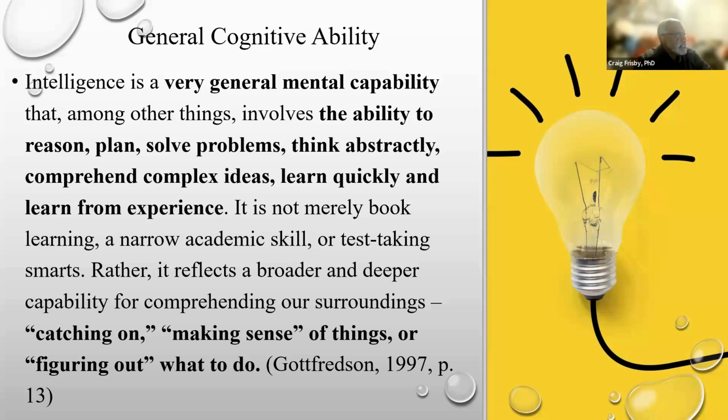She defines intelligence as a very general mental capability that, among other things, involves the ability to reason, plan, solve problems, think abstractly, comprehend complex ideas, learn quickly, and learn from experience. It is not merely book learning, a narrow academic skill, or test-taking smarts. Rather, it reflects a broader and deeper capability for comprehending our surroundings, involving such phrases as catching on, making sense of things, or figuring out what to do.